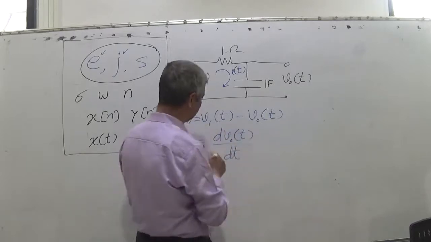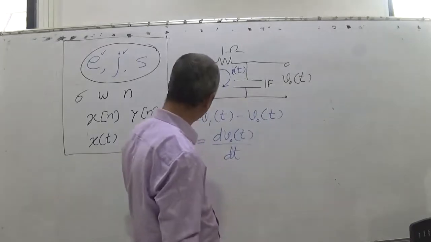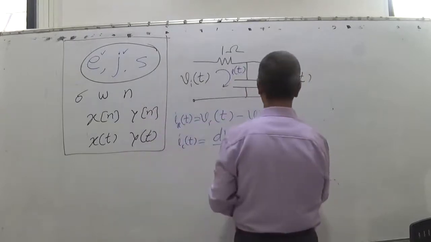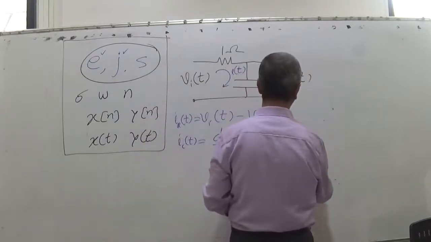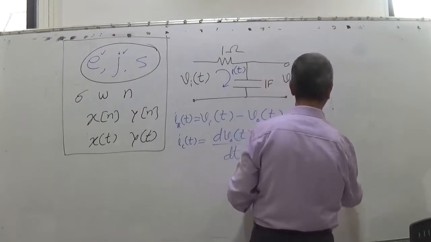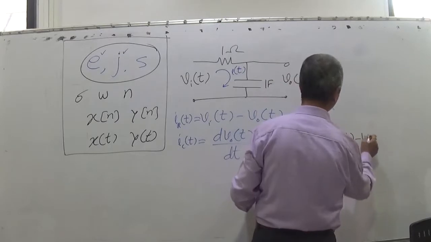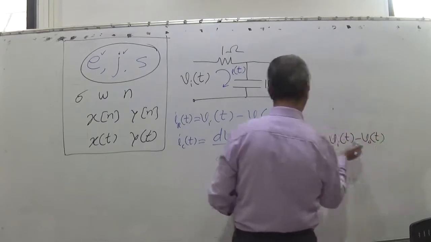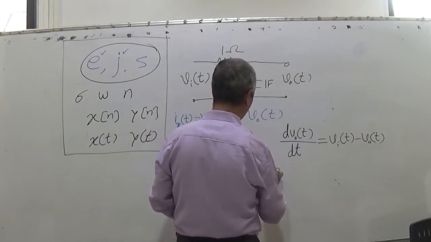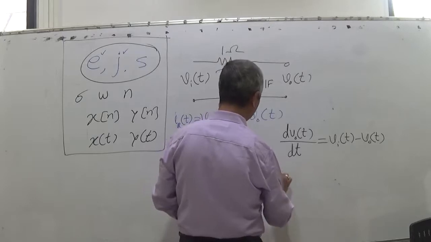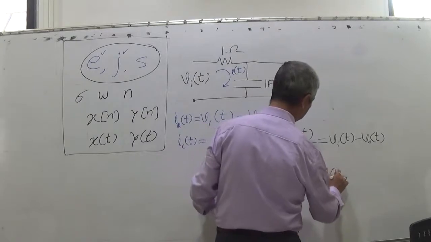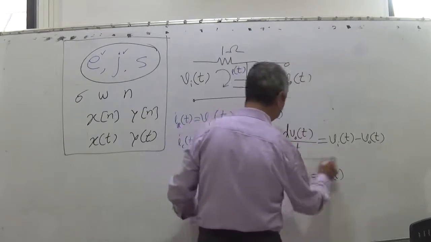And since it is a series circuit, IRT equals ICT equals IT, therefore we must get dVOT upon dt is equal to V in T minus VOT, and if you take VOT to the other side, we get the expression dVOT upon dt plus VOT is equal to V in T.